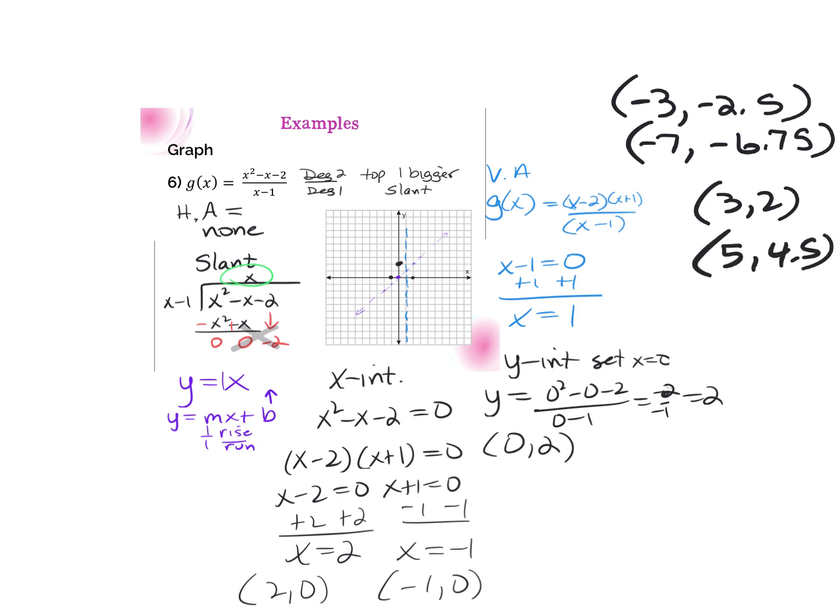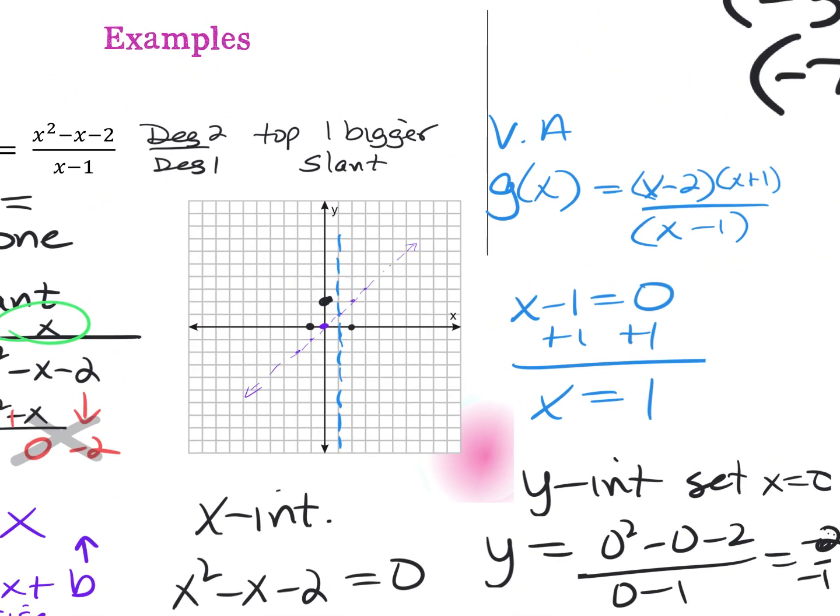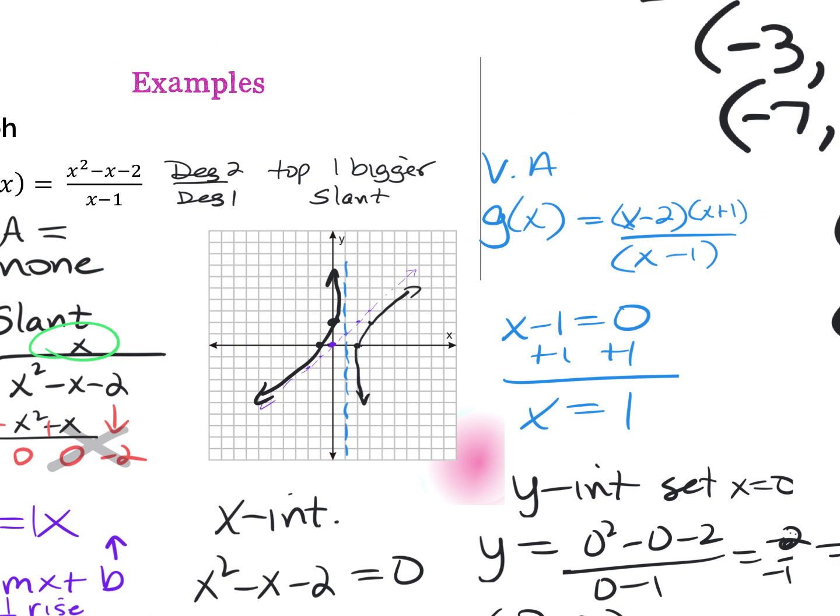So these would be my additional points that I'm putting on my graph. So if I graph these, notice it's skimming along the slant asymptote and the vertical, and then the same thing here. It's going to skim along the blue line and the purple line.